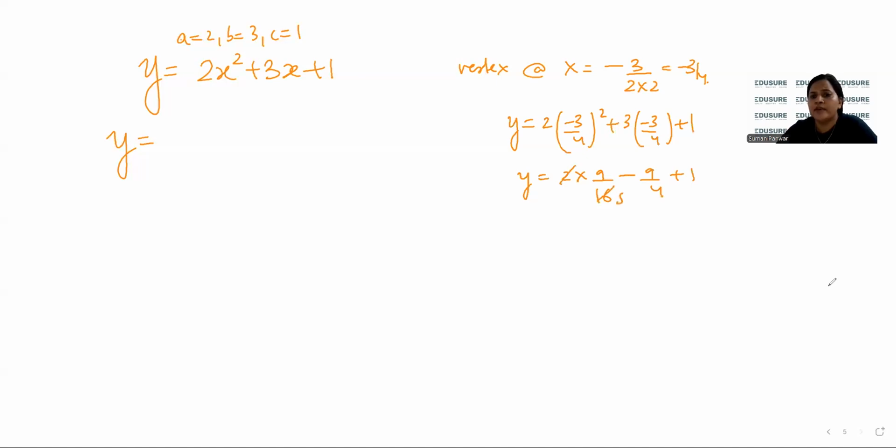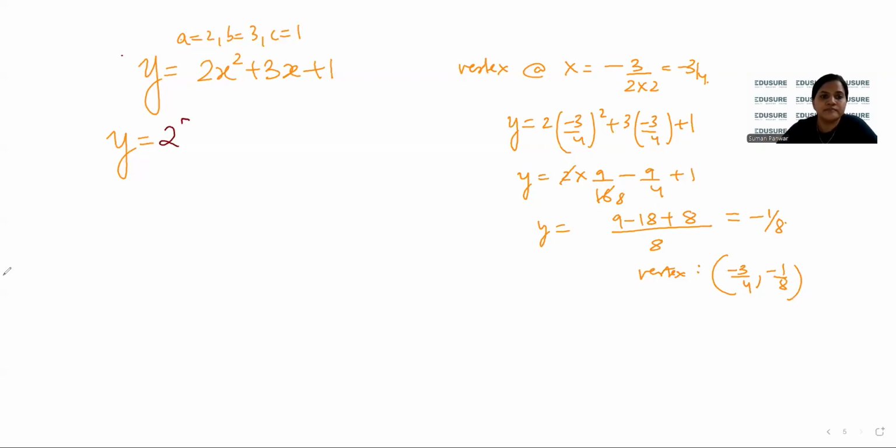So y will be equal to, let's take 8 as LCM, so 9 minus 18 plus 8. So minus 1 by 8. So we have the vertex at (minus 3 by 4, minus 1 by 8). So let us try to confirm it by converting it to the vertex form so that we understand what happened actually. So let's take 2 common.